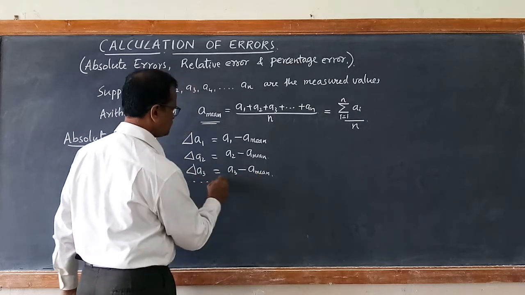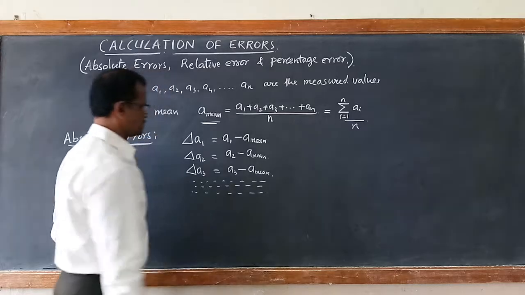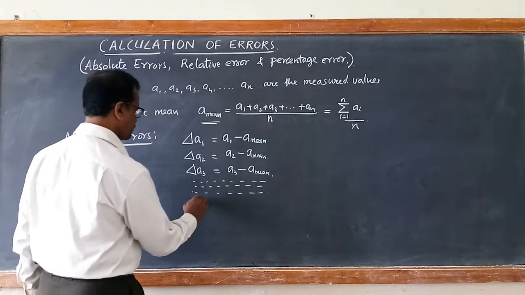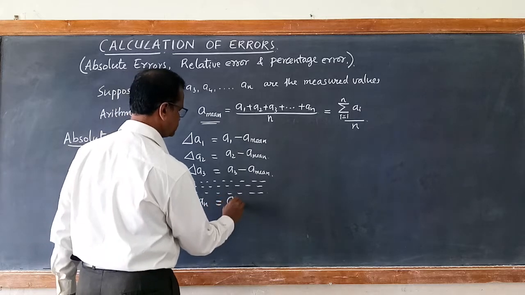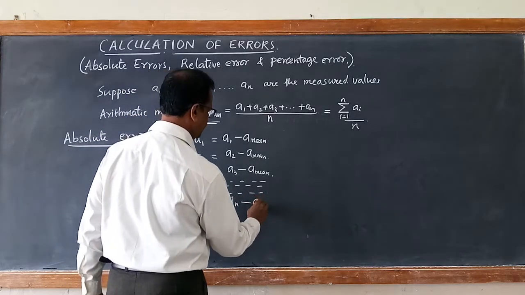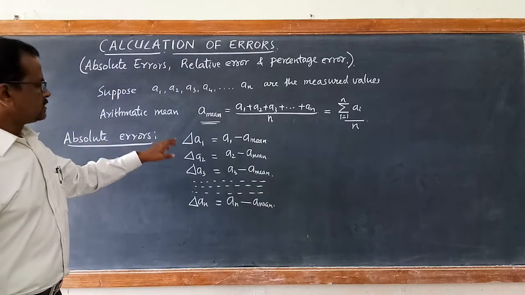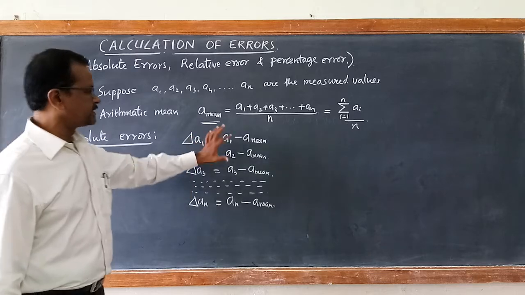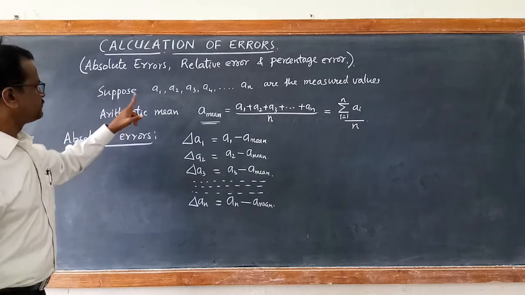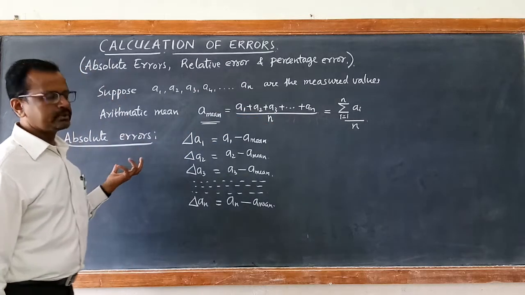So like that we carry up to n number of observations, up to An minus A mean. Look here. The delta A1, delta A2, delta A3, these are the differences. The difference of the measured value with the mean value gives us the absolute error.